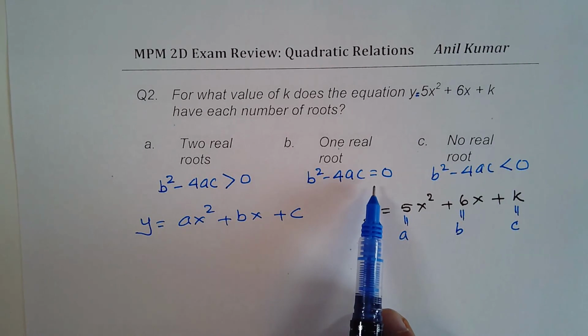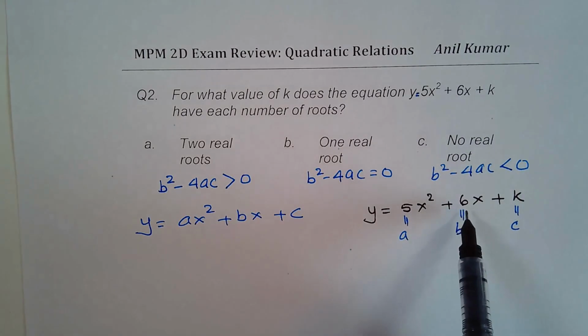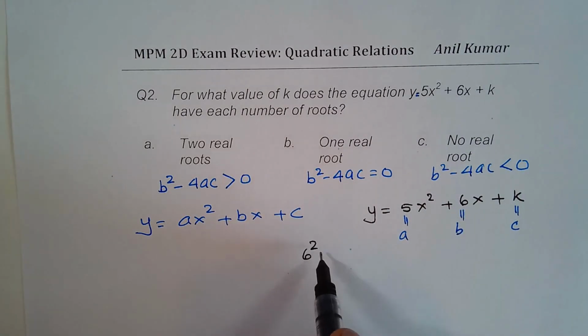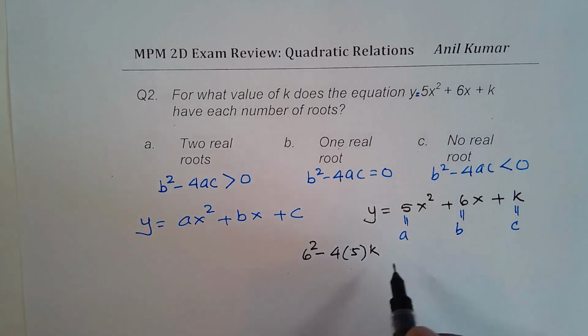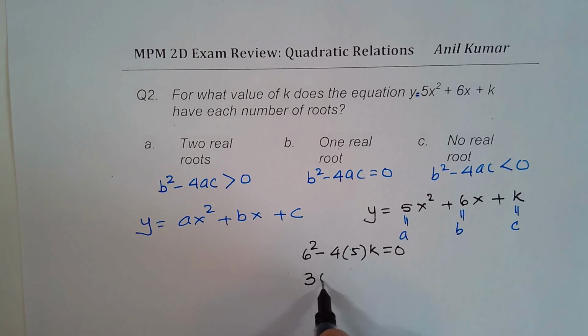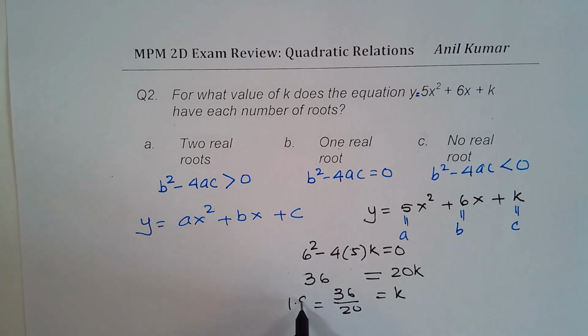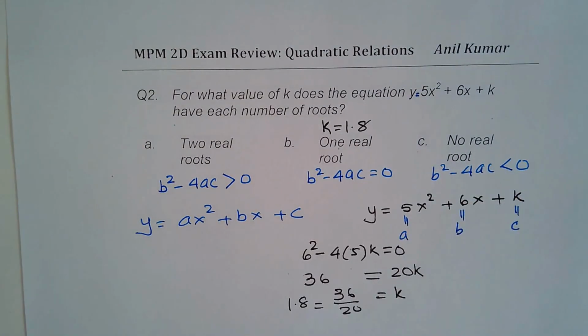Here b is 6, so we write 6 squared minus 4 times 5 times k. Let's equate this to 0 and find the condition for 1 real root. So we get 36, bringing this to the right side, 36 is equal to 20k, or k equals 36 divided by 20, which is 1.8. So for k equals 1.8, we have 1 real root, correct?